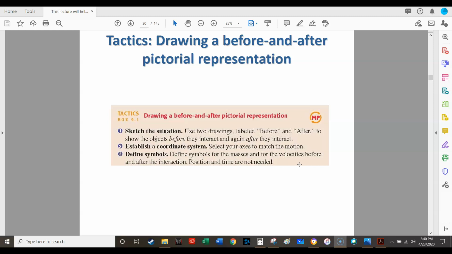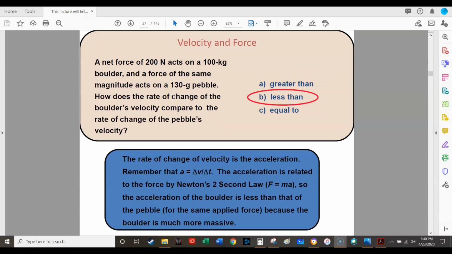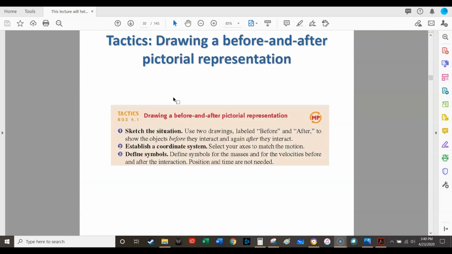So when I was sketching my problems, all vectors, velocity vectors, momentum vectors, and force vectors, which were pointed down, are in the negative y direction. Any vectors pointed up will be in the positive y direction, so I labeled them positive. Any vectors pointed in the positive x direction, I labeled positive. Any vectors pointing to the left in the negative x direction, I labeled with a negative.